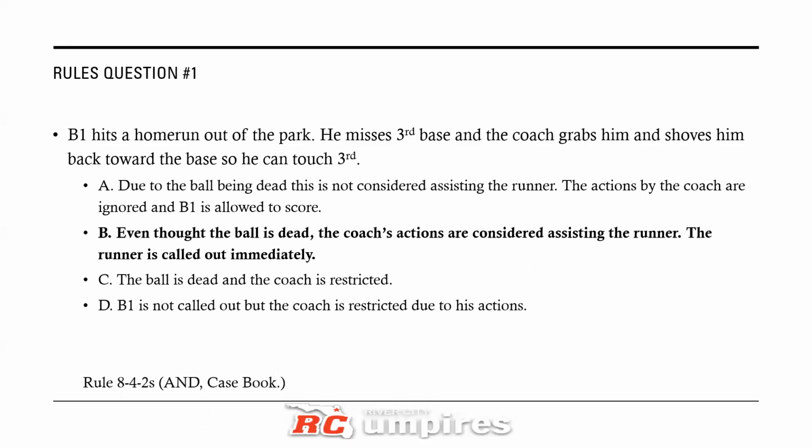But if he helps him to his feet, it's not on a dead ball. That's bullshit. I just hope I don't see it so I don't have to call it. If he helps him to his feet and the ball is live, that is assisting. He's out. I don't know. I have no idea. I don't really have an explanation.